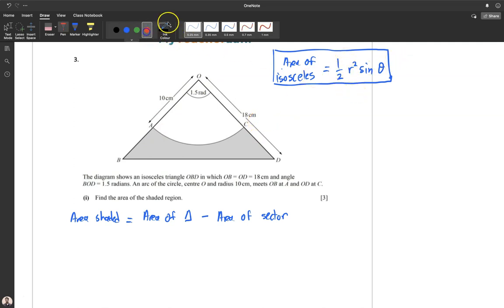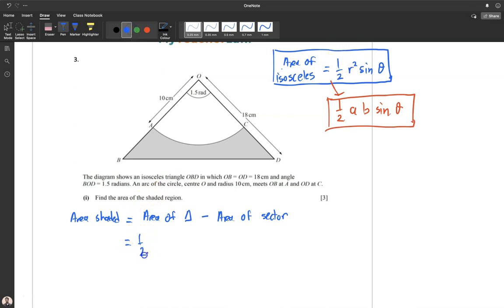Now, if this looks familiar to you, it probably should, because there's another way of finding the area of triangles, which is basically derived from half AB sine theta. So this is a more general way of finding the area of a triangle. All right, so just keep this in mind as well, because there will be a question that we might need this. But anyway, let's use this first.